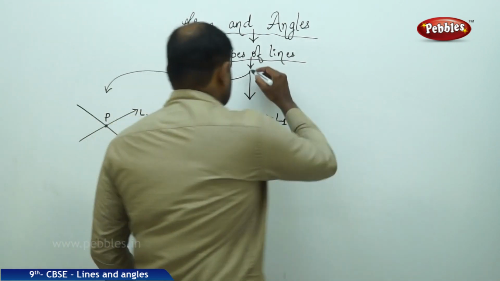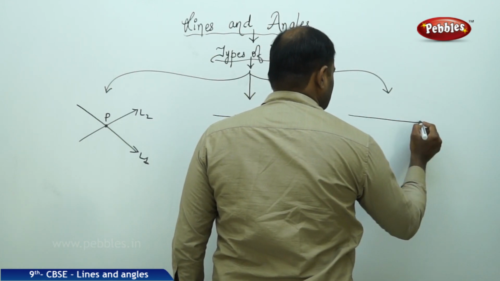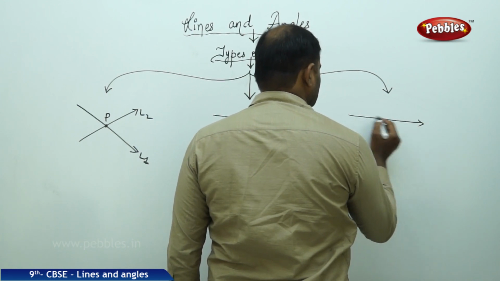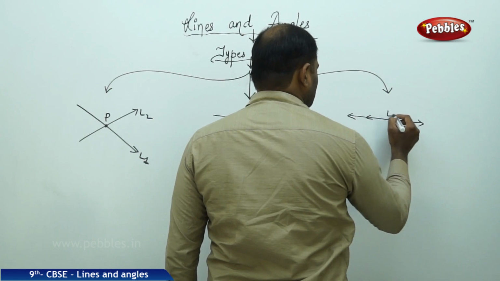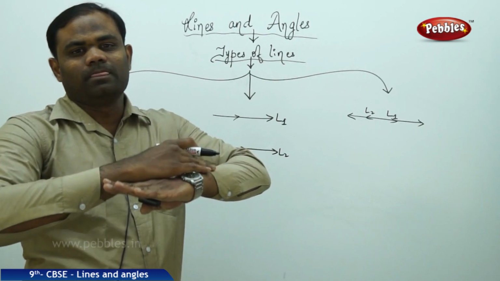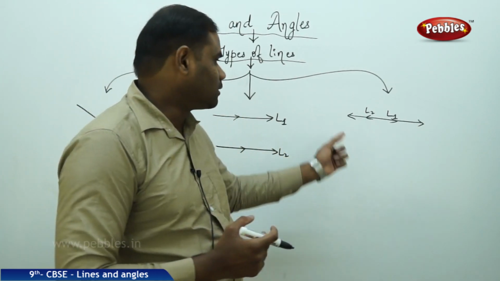The third case is when the two lines L1 and L2 lie on each other. They overlap, or one line lies on the other, or they are coincident.